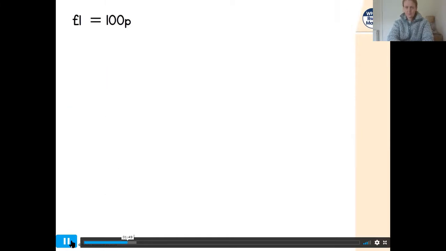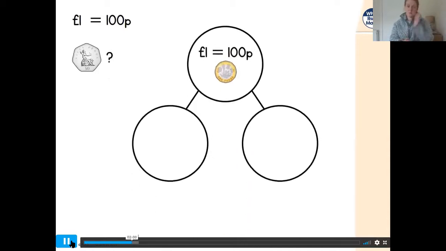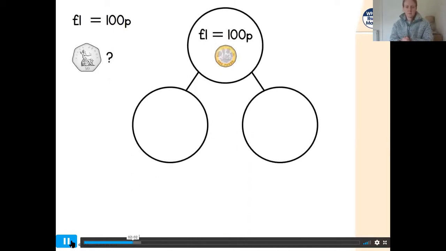Of course, we can talk about 100 pence being £1, but £1 can be made up of other coins as well, not just 1 pence coins. How many 50 pence pieces are worth £1? We could show this with a part-whole model. So we've got our whole, £1, and there's our key fact, 100 pence is equal to £1.